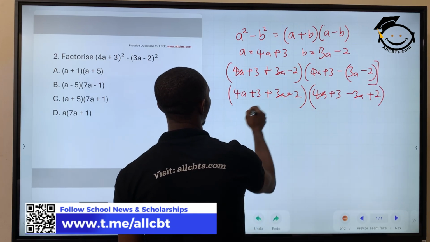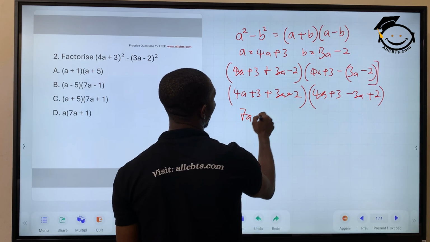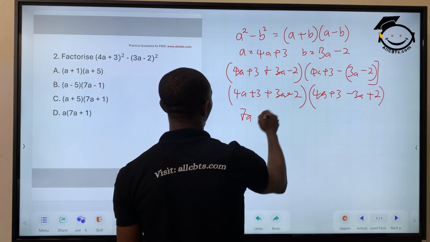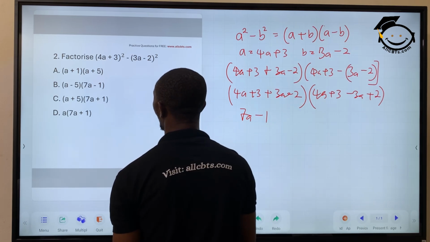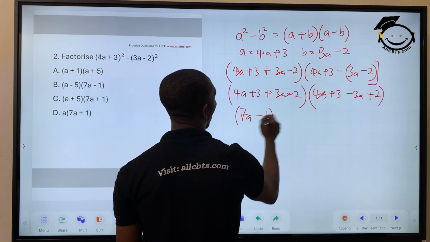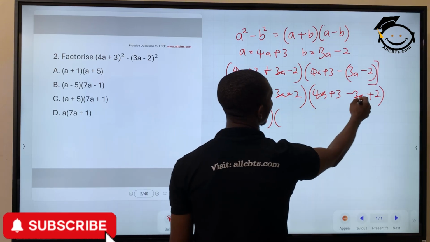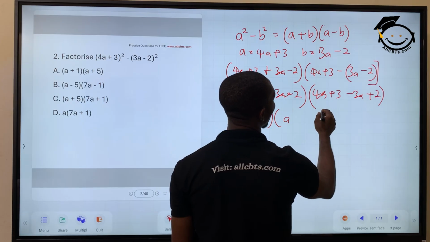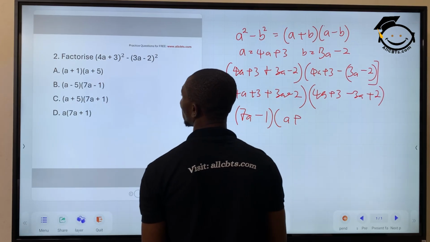Okay, so this becomes 4a plus 3 plus 3a minus 2, and this will be 4a plus 3 minus 3a plus 2. Alright, so this and this gives us 7a. 3 minus 2 gives us minus 1. And this gives us a plus 5.